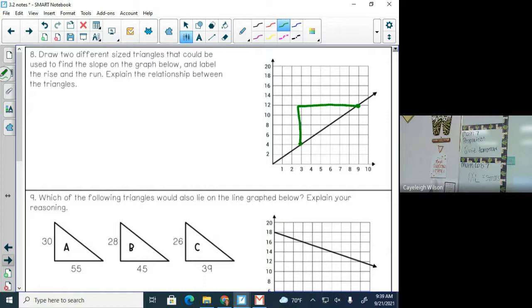Okay, good job. Does anybody want to come up and draw another triangle? All right, perfect. Anybody else have one that's different?